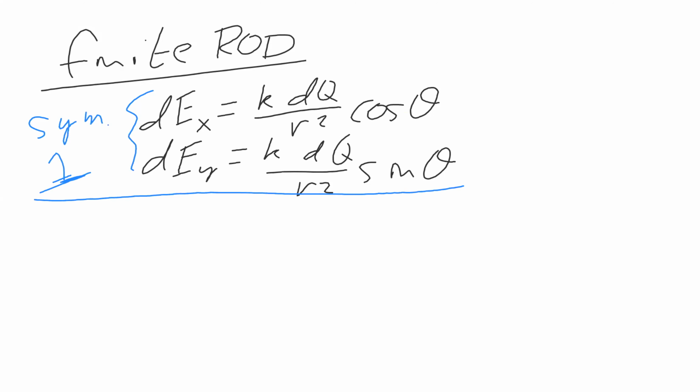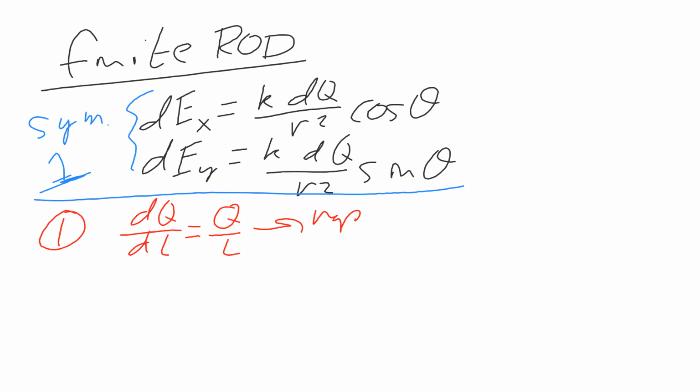And then the steps for actually solving: the first step is to set dq over dl equal to Q over L. The point of this is to replace dq with a differential of space.